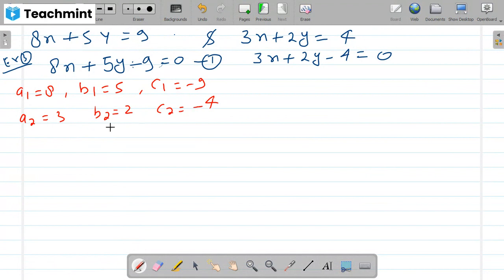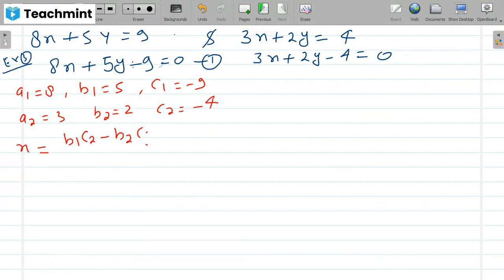Now consider the standard equation: x equal b1 c2 minus b2 c1 by a1 b2 minus a2 b1, and for finding value of y, c1 a2 minus c2 a1 by a1 b2 minus a2 b1.